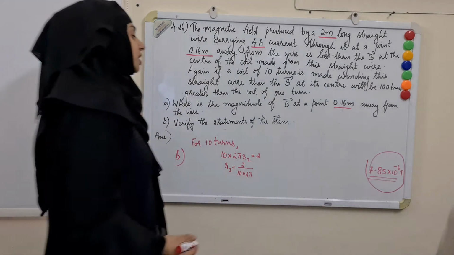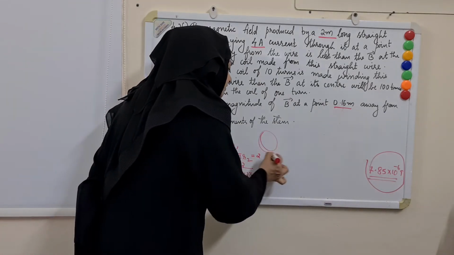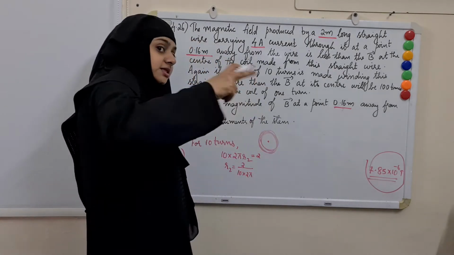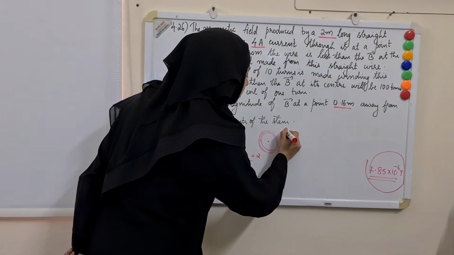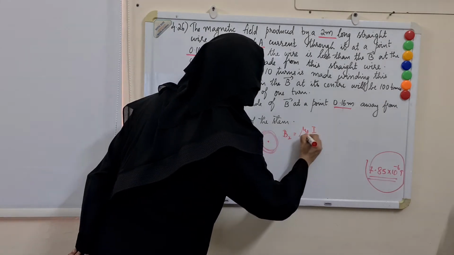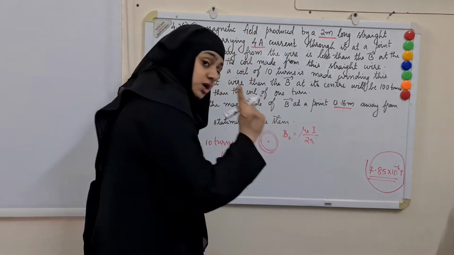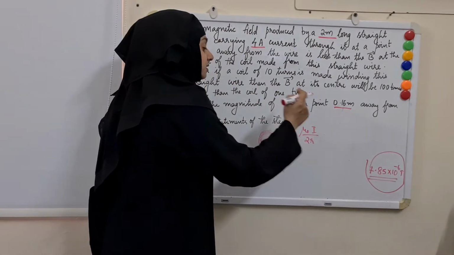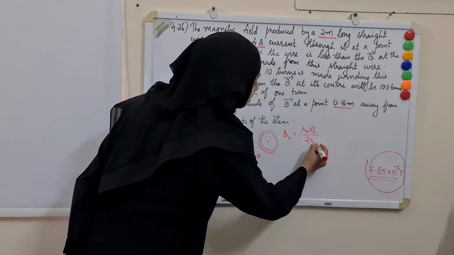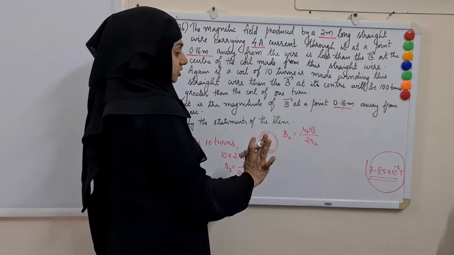Now again, in order to find the magnetic field, there are 10 turns. So to find the magnetic field at the center of that wire, we know B2 is equal to mu naught I by 2R if it was one turn. Here there are 10 turns. So mu naught N I by 2R2. Current is not changing.